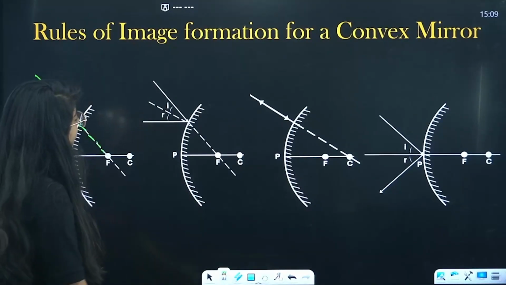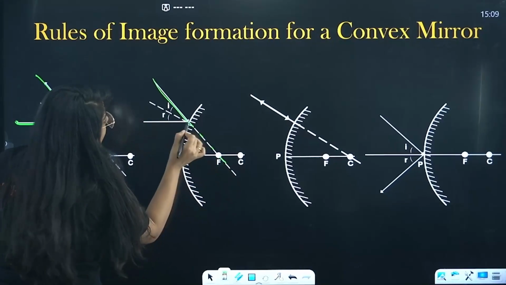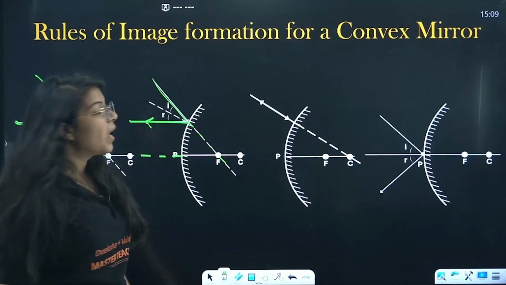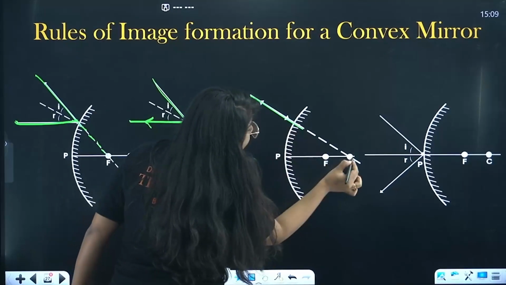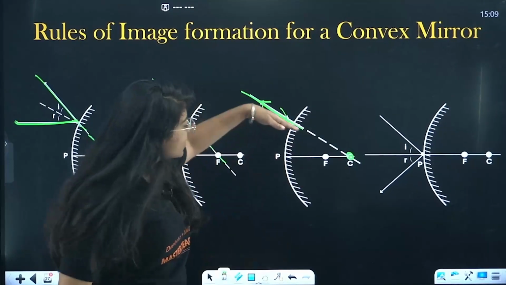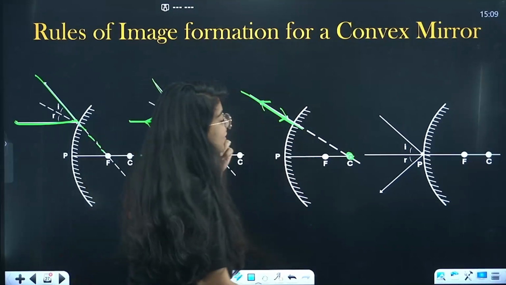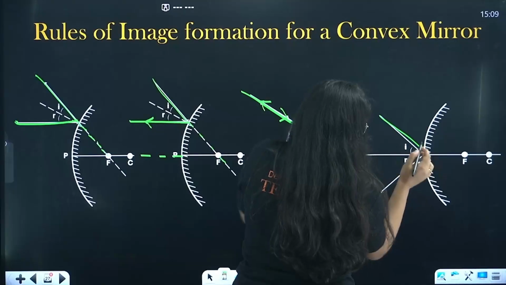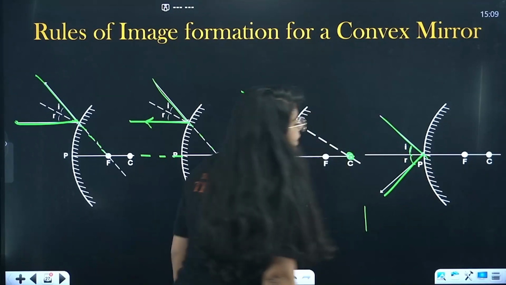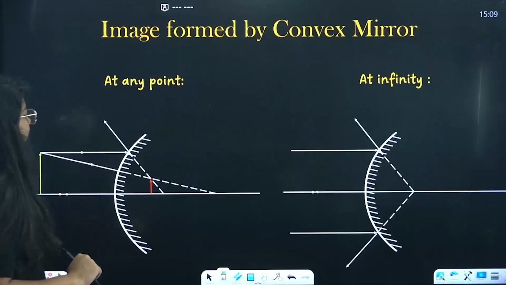Then again, if it is coming towards the focus, it will reflect back and become parallel to the principal axis. If it is coming towards center of curvature, it will reflect back and move through the same path. We extended it backwards, we saw it is coming from center of curvature. Then beta, we have again the ray incident at pole, incident angle is equal to the reflected angle. Done.